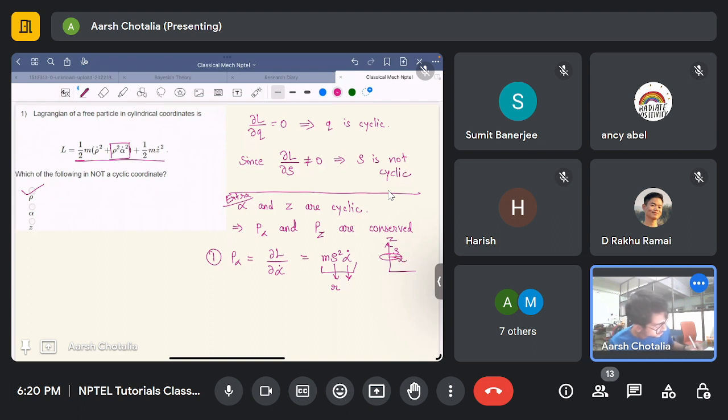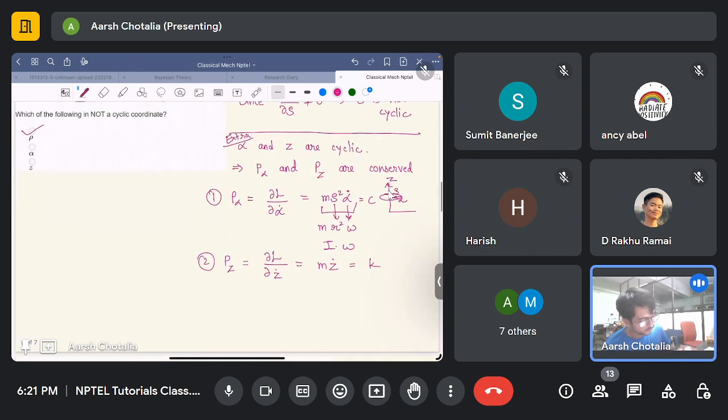So alpha dot is like omega. The entire thing is m r square omega, or I omega. So this is your angular momentum, which is constant. This is saying that angular momentum is conserved. And the second momentum, the conjugate momentum of z, would be partial of L with respect to z dot. That would be m times z dot. Okay, so these two are constant.